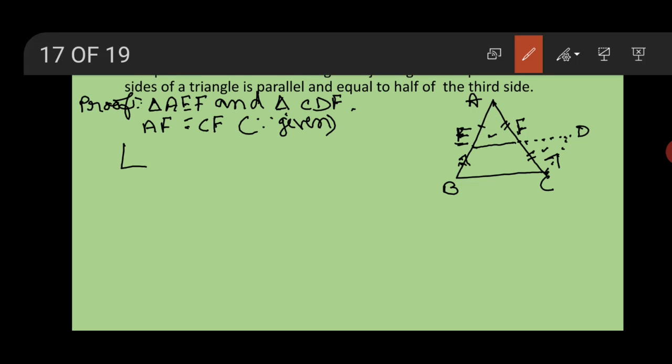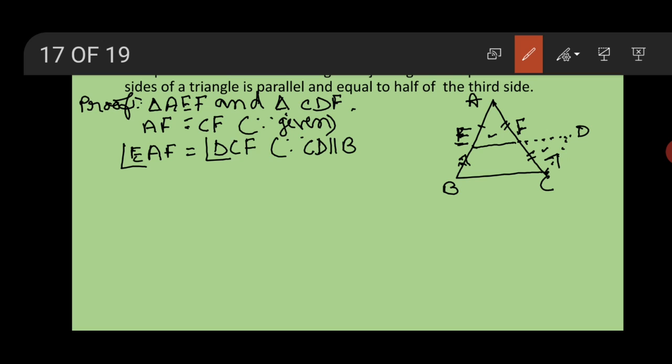Now write down angle EAF is equal to angle DCF.